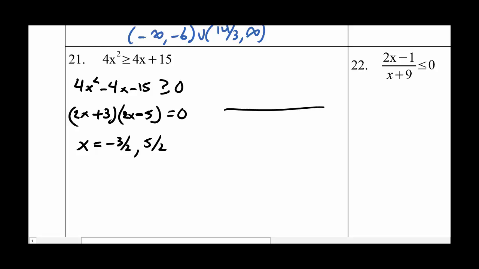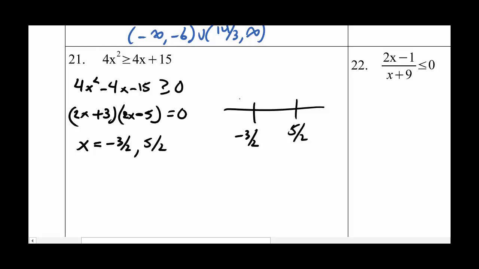Okay, so what we're going to do is call this sign test. I'm going to pick values within each interval piece of the number line that I just created. And again, what's so special about those two numbers? Those two numbers are where this polynomial happens to equal 0. So what's going on each side of those two numbers?